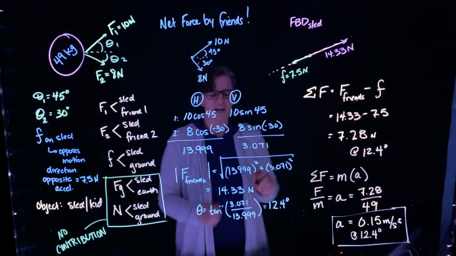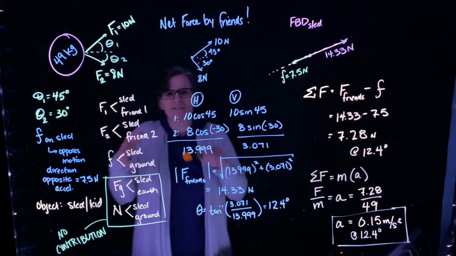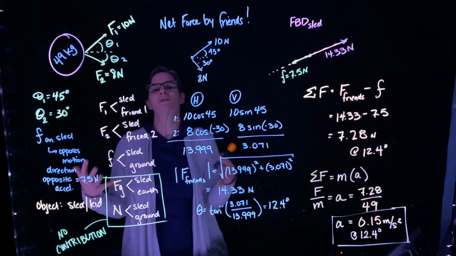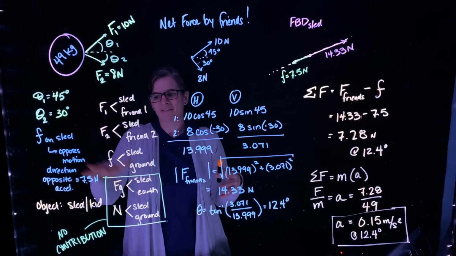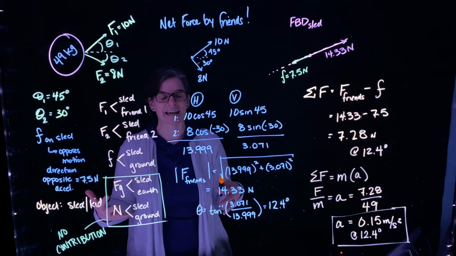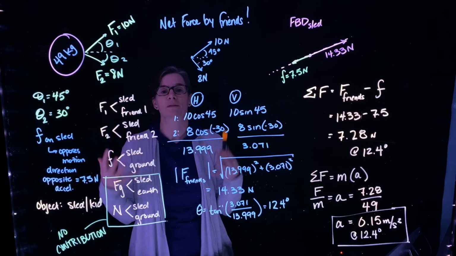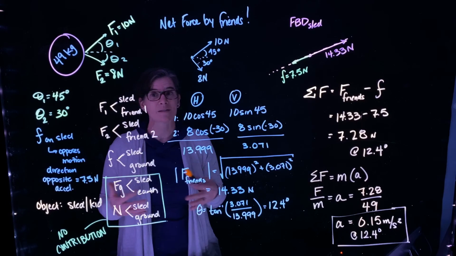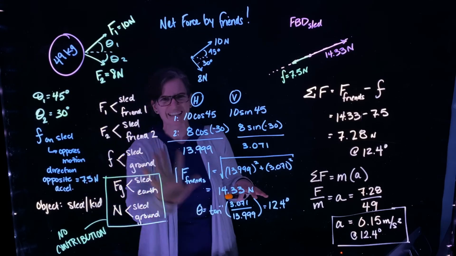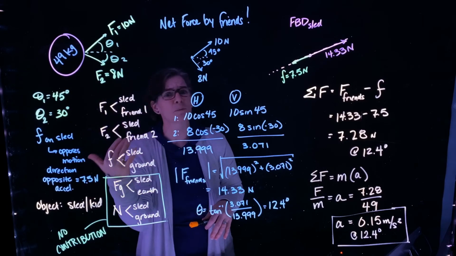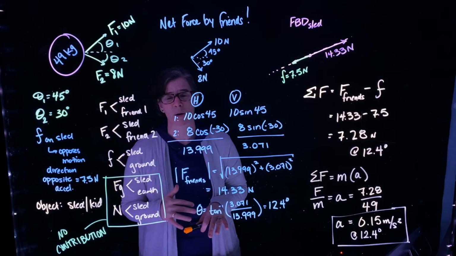All right. So this problem we approached a little bit differently. We had to really visualize what was happening in this situation. We had to recognize that I have a frictional force, but I don't know what direction it's at. But I do know it opposes the motion. This motion is only going to be caused by the two forces acting along the plane. We recognize that our force of gravity exists, our normal force exists, not really relevant to our problem.